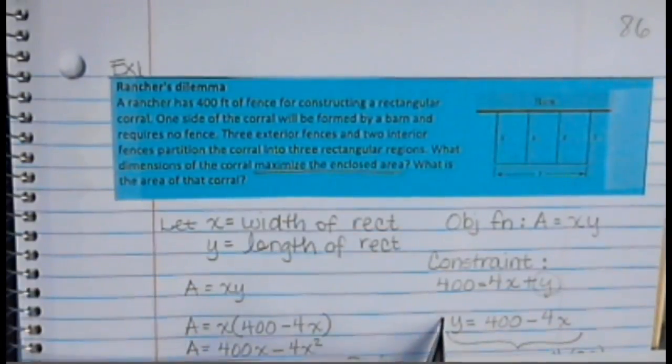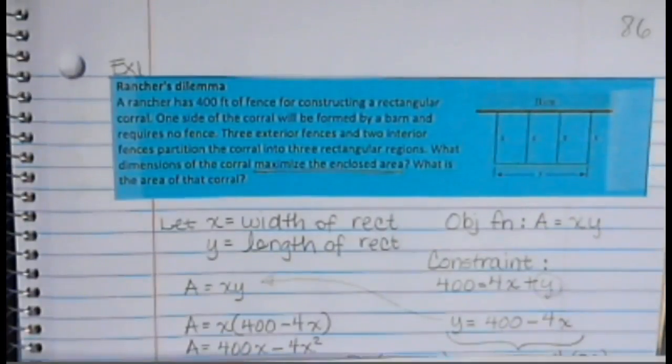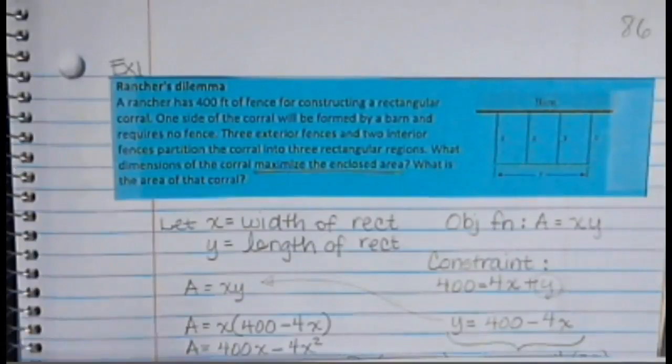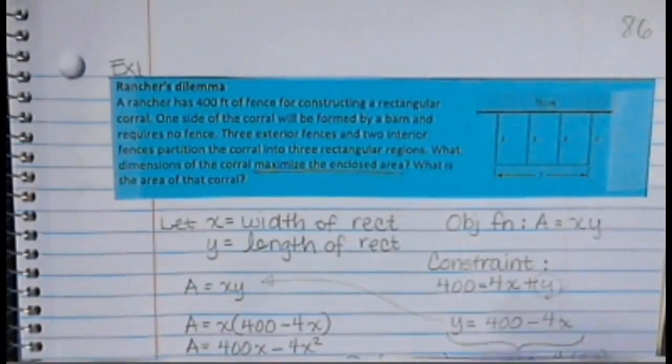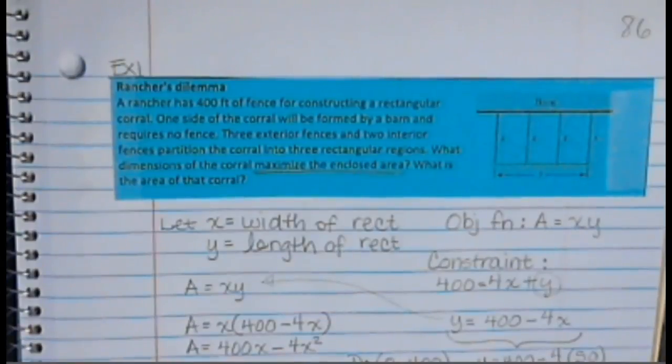From here, we're going to substitute it into my objective function. So now you see that A is equal to x times 400 minus 4x. That's this part right here. We're going to get rid of parentheses by using the distributive property. And then in order to maximize the area, we're going to take the derivative. And that's how we're getting 400 minus 8x is equal to 0.